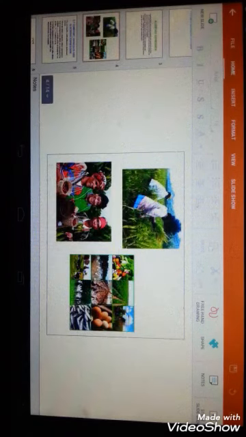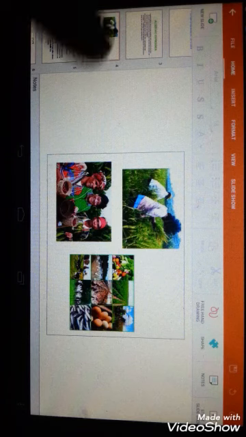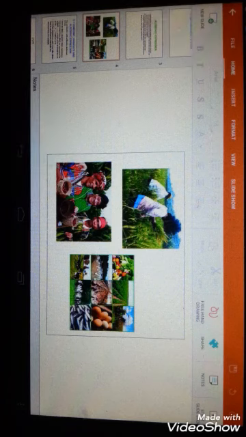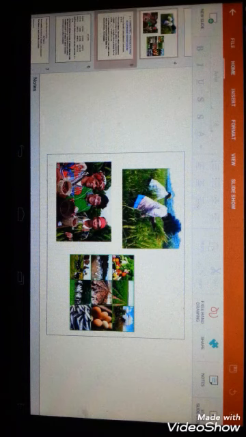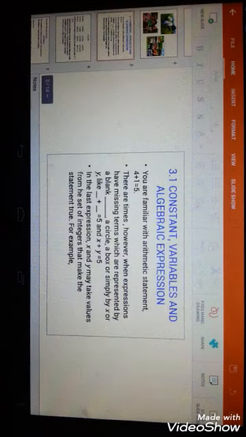This graphic shows daily lives where algebraic expression is very useful, like in farming, fishing, or anything connected to our economics. So let's proceed to 3.1, the constants, variables, and algebraic expression.